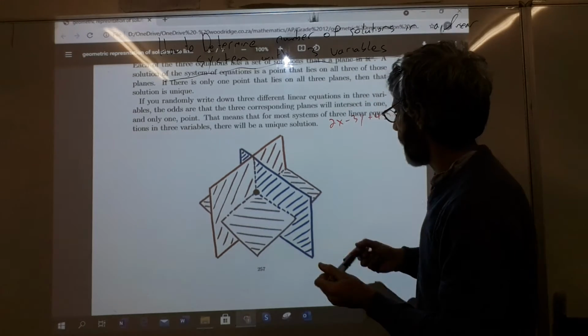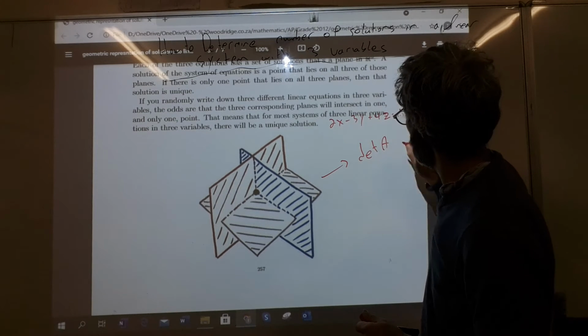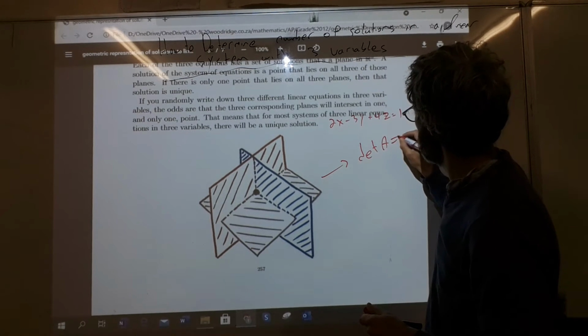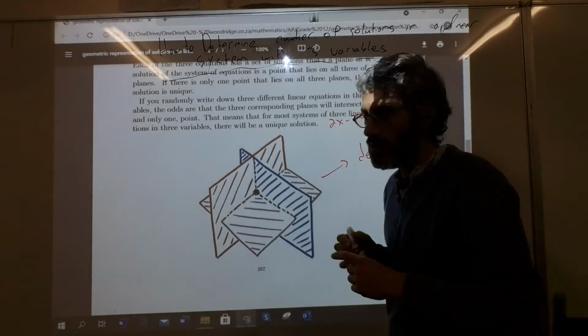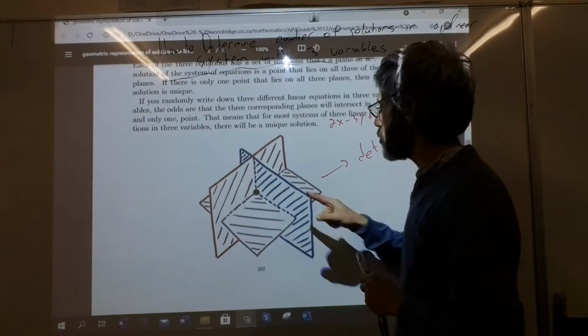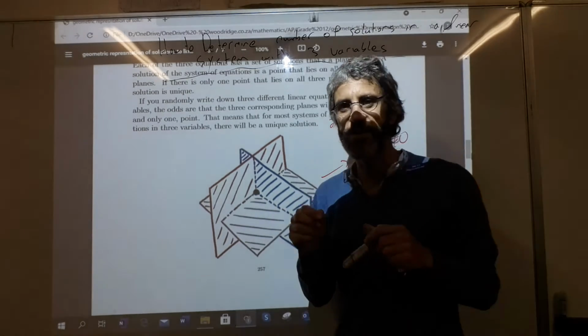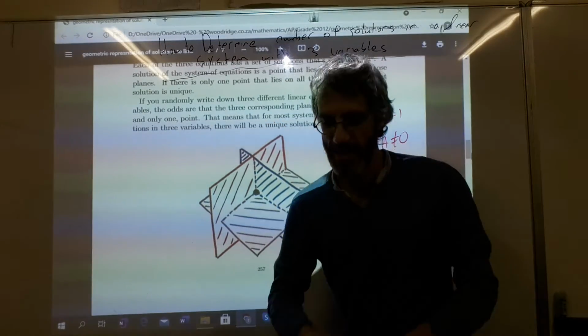That is the case when the determinant of the matrix is not equal to 0. We've got 3 planes, they intersect in a point, we have a unique solution. So that's a well-behaving linear system.